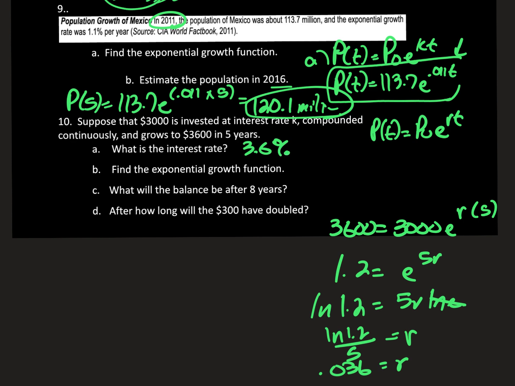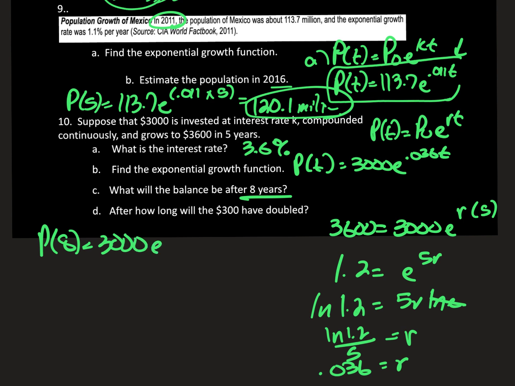So find the function. To write the function, I'm just going to say, okay, the amount is going to be the initial amount, which is 3,000, e to the 0.036 t power. How much will it be after 8 years? So after 8 years, I'm just going to plug in the 8. So P of 8 is 3,000 times e to the 0.036 times 8.